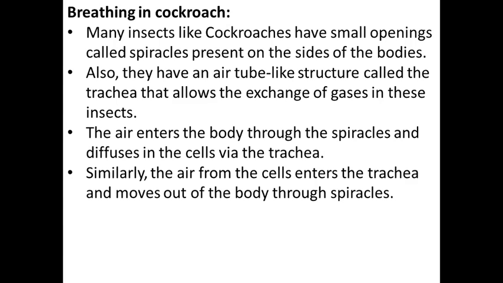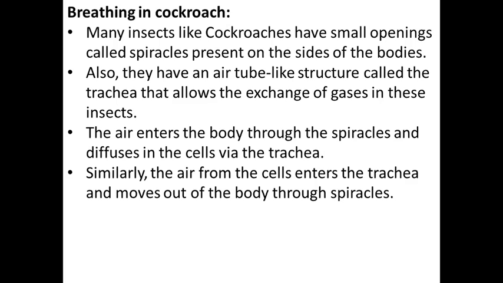An insect takes air through tiny holes called spiracles, which are located on the body. Spiracles open into narrow tubes called trachea. Take a straw and put some holes in it with the help of a needle.